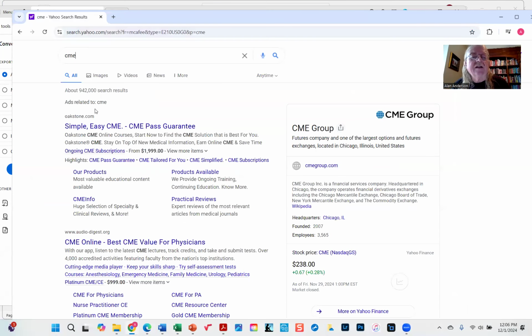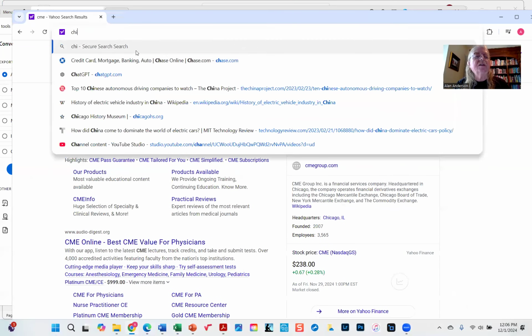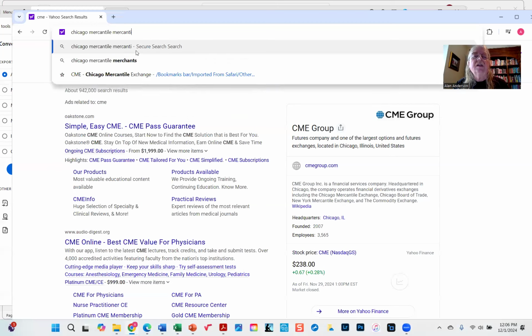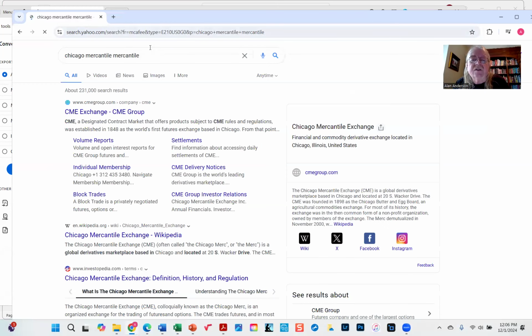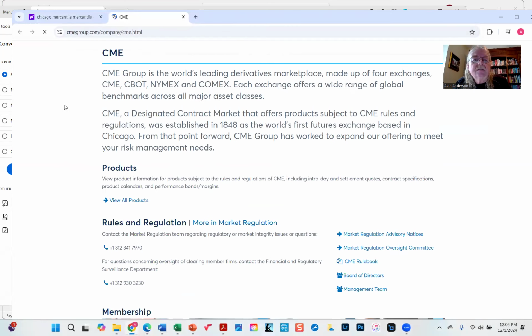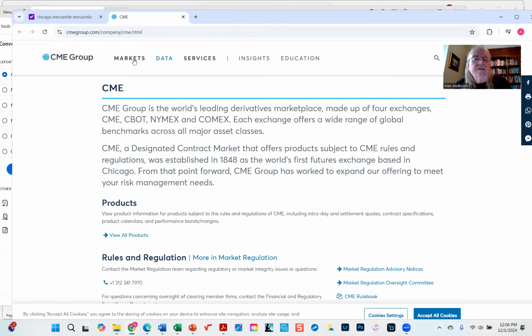These guys have everything under the sun. So why don't we just take a quick look and see what they have available today. And of course, as I may have mentioned before, the Chicago Mercantile Exchange is the largest derivatives exchange in the United States. Let's see, data markets, that's what we want.